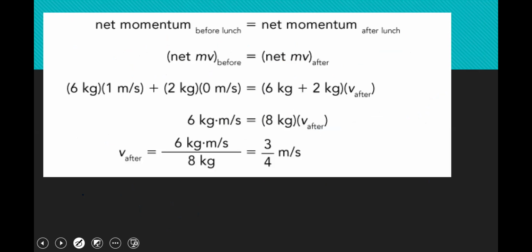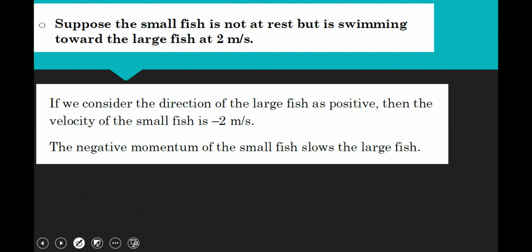This is for it. Now let's take another example here. Suppose now the small fish is not at rest, but it is swimming toward the large fish at 2 meters per second.